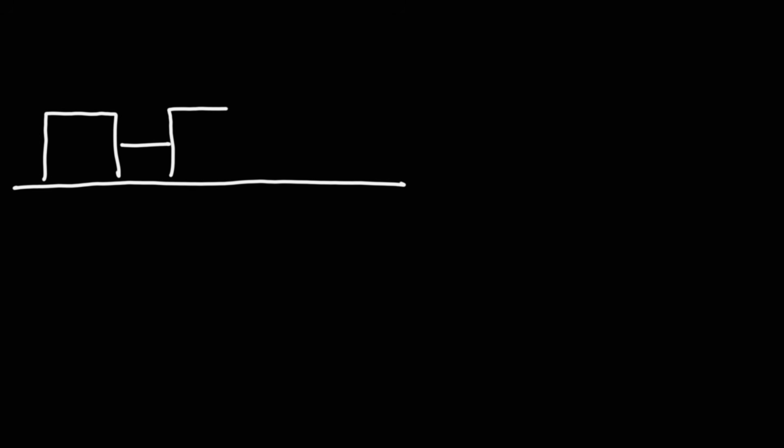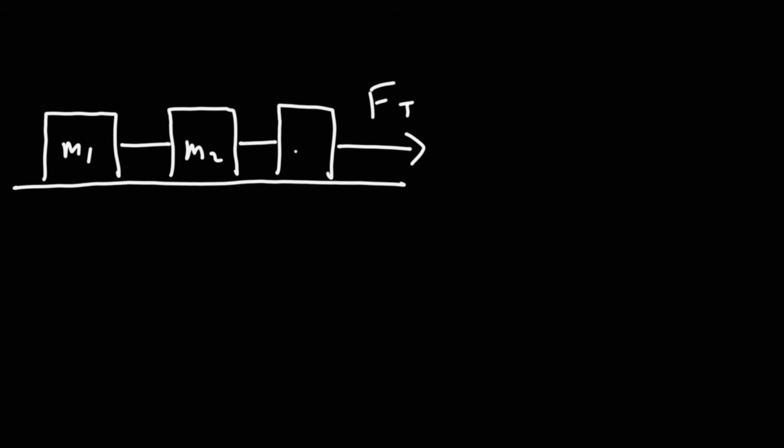Now, let's consider the situation when we have three boxes. So let's call this M1, M2, and M3. T1, that's the tension that's going to pull block 1 to the right, and T2 is the tension that will pull block 2 to the right.